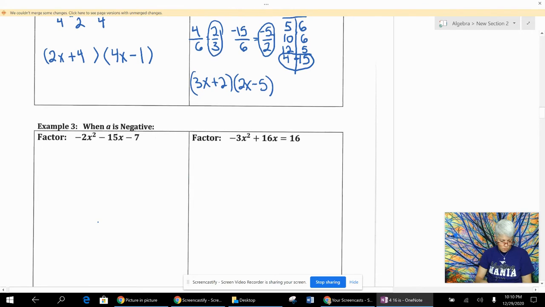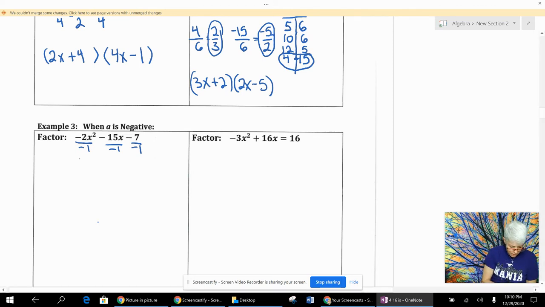What else do we have down here? Okay. When A is negative, we need to factor out the negative. So I'm going to pull the negative out. Negative, negative, negative, because A has to be a positive number.